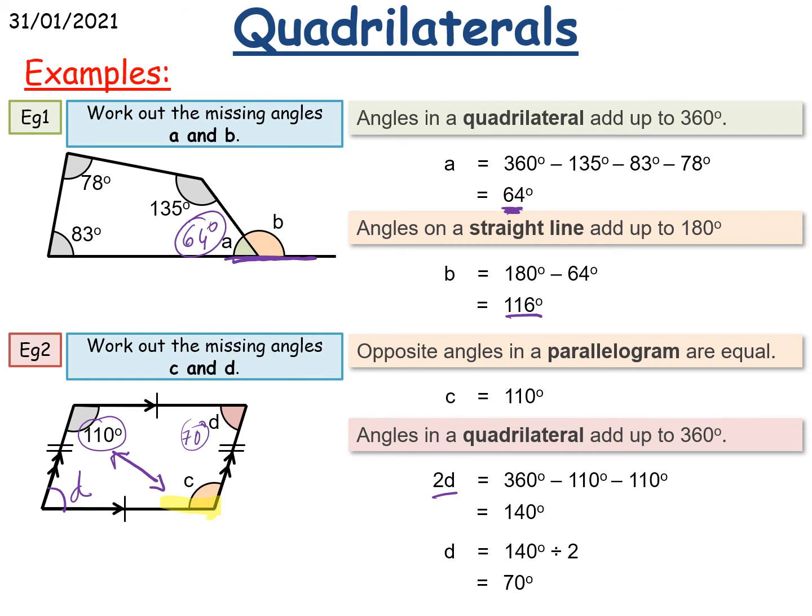So we have a parallel line here and a parallel line here. We have our C angle, which is co-interior, and you know co-interior angles add up to 180 degrees. So that's 110, that's 70, that's 180 degrees. So there are a few different ways of getting angle D there. All ways are correct.